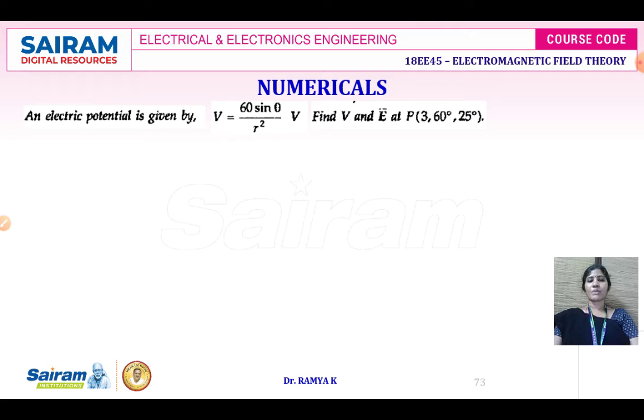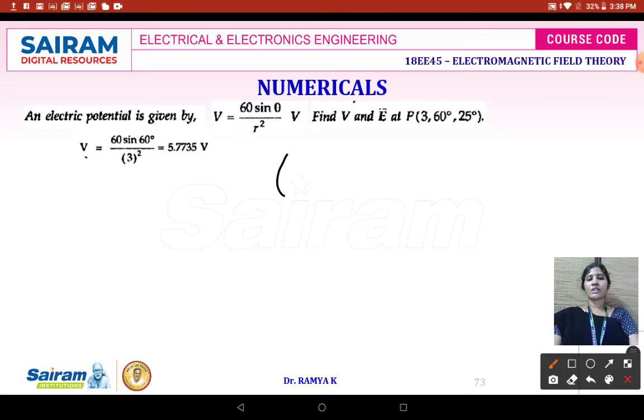Next one, problems based on this. Here we can see an electric potential is given by V is equal to 60 sin theta divided by r square. Find V and E at the point. So at this particular point we need to find the value of the potential and the electric field intensity. Directly we have the potential equation, so by substituting the values of r, theta and phi in this equation, it is possible for us to identify the value of V. The coordinates given are 3, 60, 25, which are r, theta and phi.